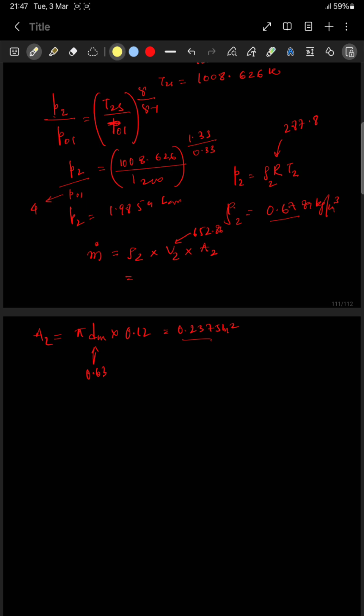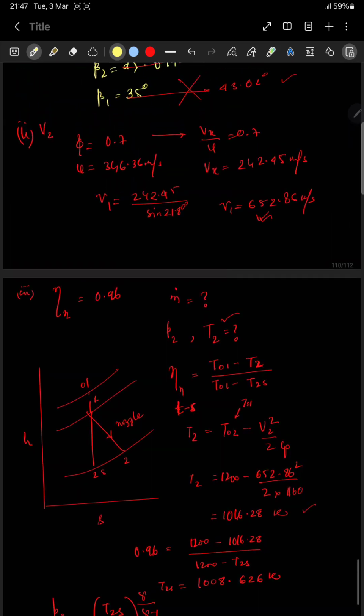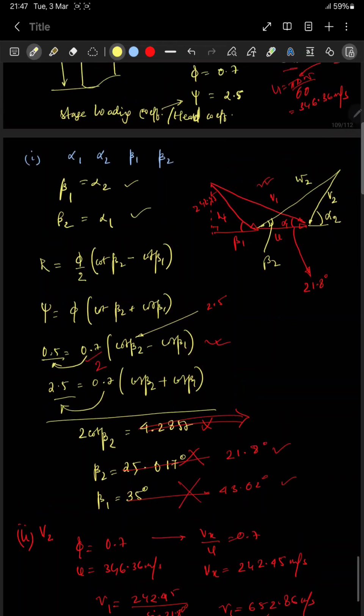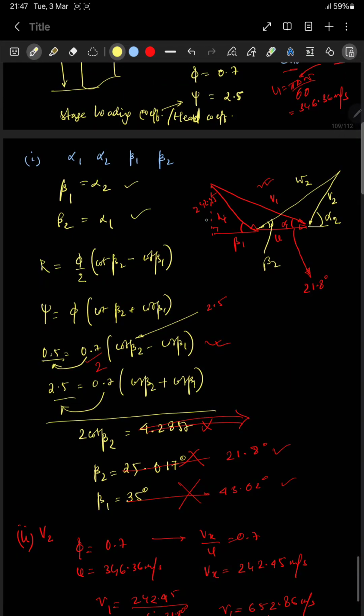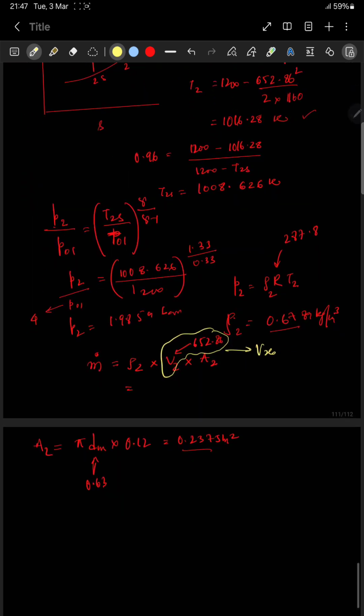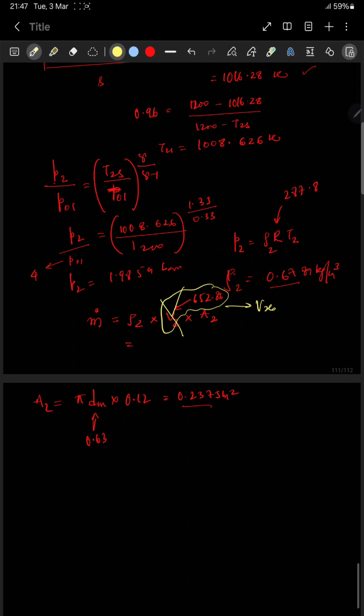Again, I have made a very huge mistake. How can this be V2? This has to be Vx. This cannot be V2. This has to be Vx, right? 242.45. This is wrong.